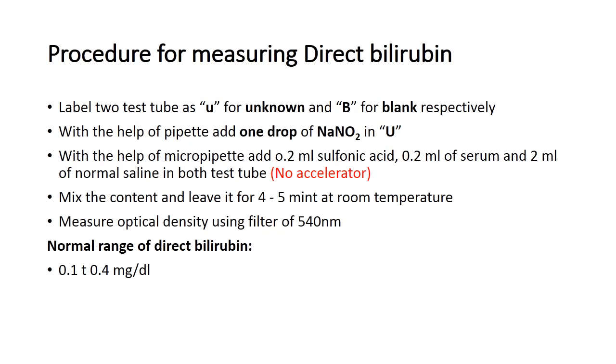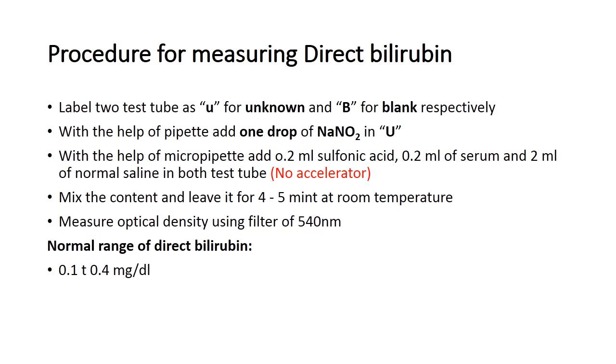Procedure for measuring direct bilirubin: take two test tubes and label them as U for unknown and B for blank respectively. Now with the help of pipette, add 1 drop of sodium nitrite in U. Again with the help of micropipette, we add 0.2 ml of sulfonic acid, 0.2 ml of serum and 2 ml of normal saline to both test tubes.